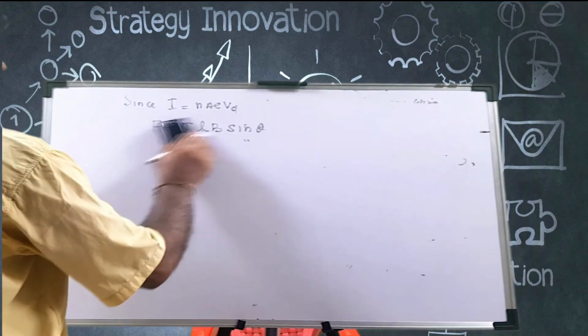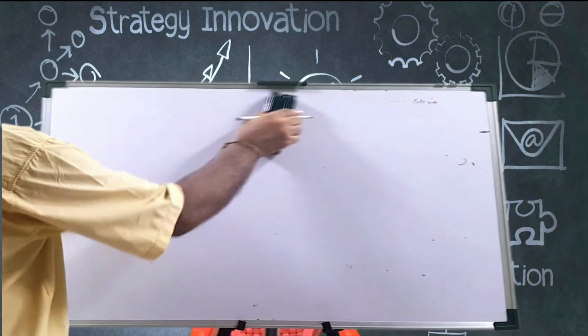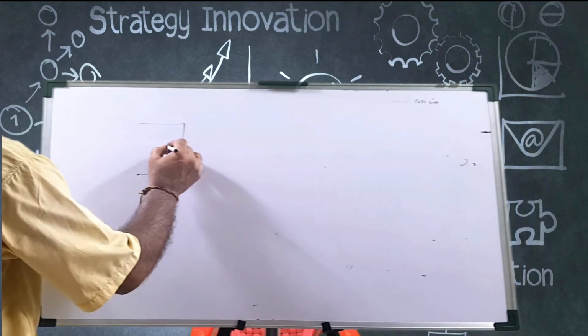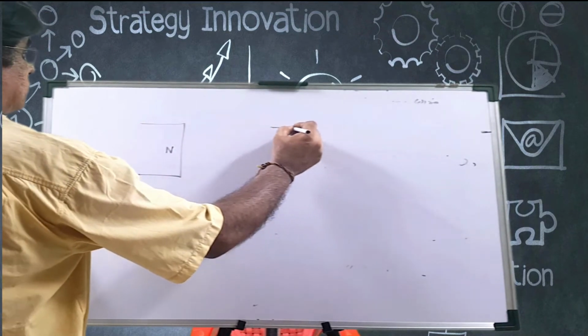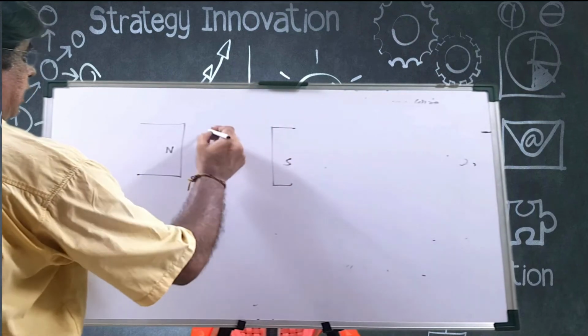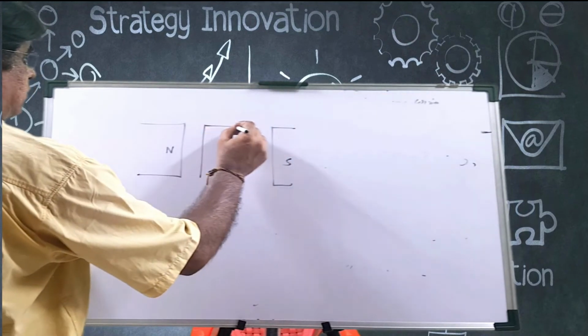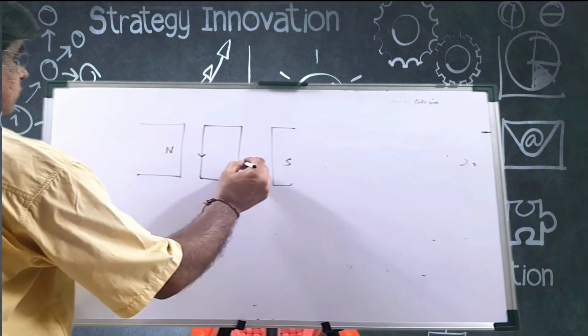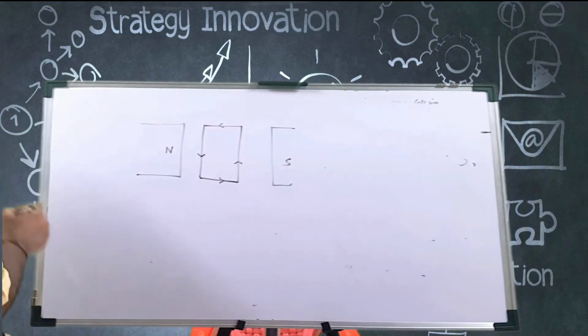Now, if I have a rectangular coil with current, imagine I've got a north-south, I'll place a rectangular coil and pass current through it. What will happen to this coil when you pass current and place it in a magnetic field?